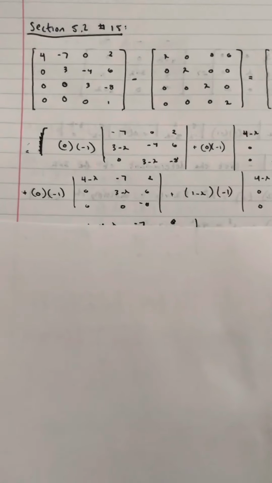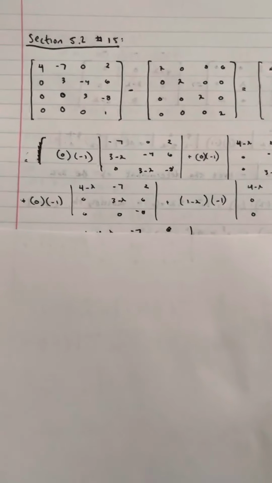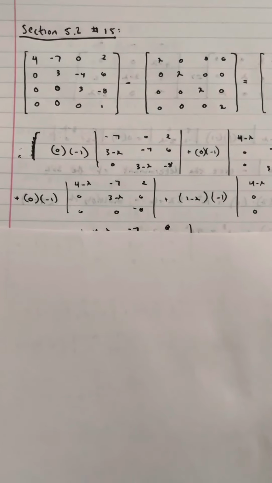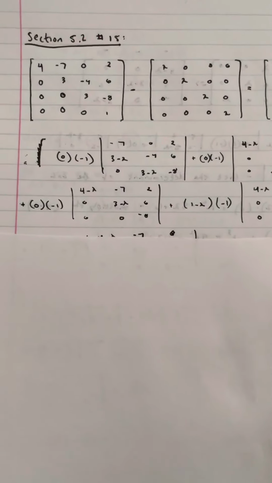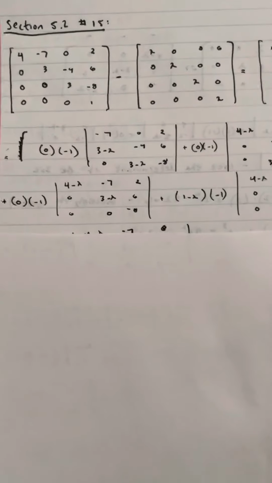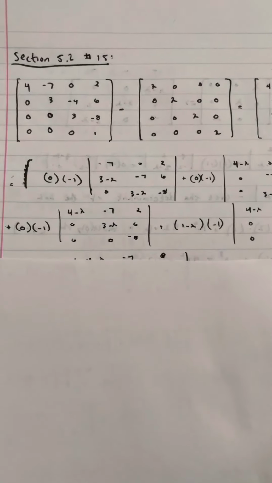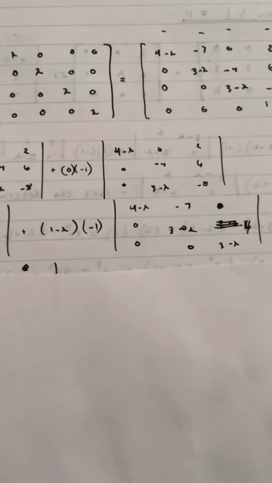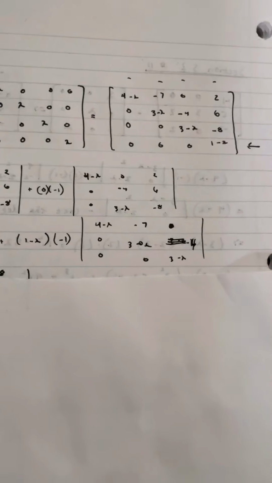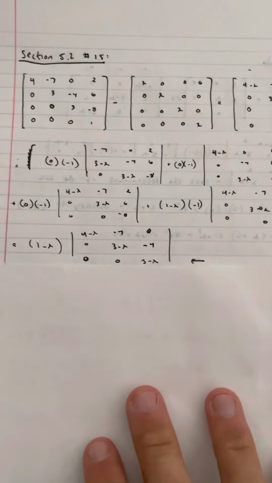Added to 0 times -1 times the 3x3 matrix of 4 minus eigen, -7, 2; 0, 3 minus eigen, 6; 0, 0, -8, plus 1 minus eigen times -1 times the 3x3 matrix of 4 minus eigen, -7, 0; 0, 3 minus eigen, -4; 0, 0, 3 minus eigen.